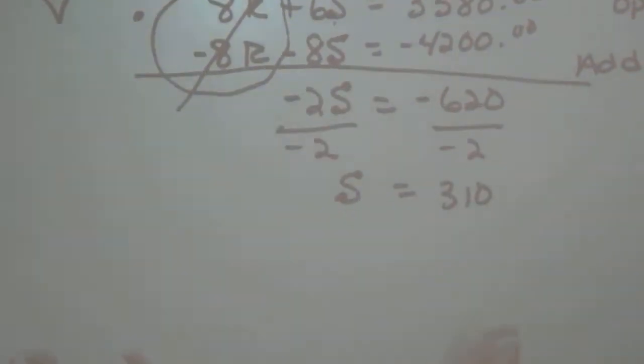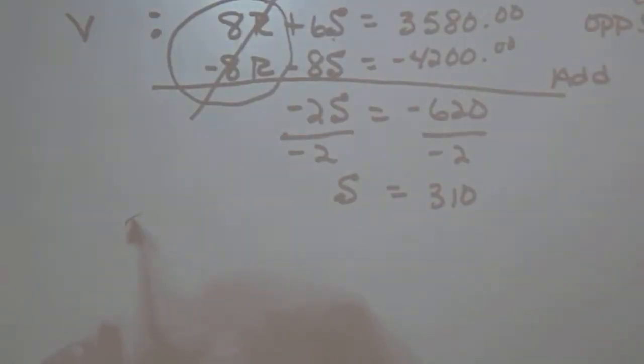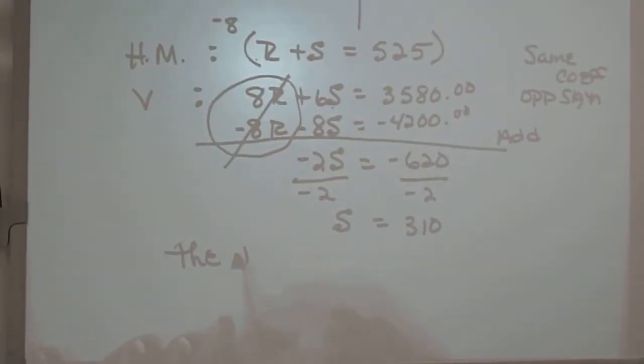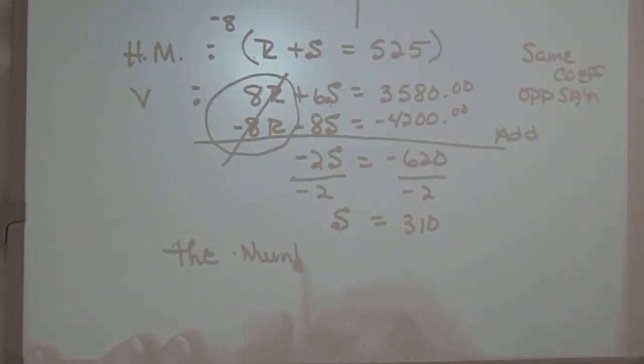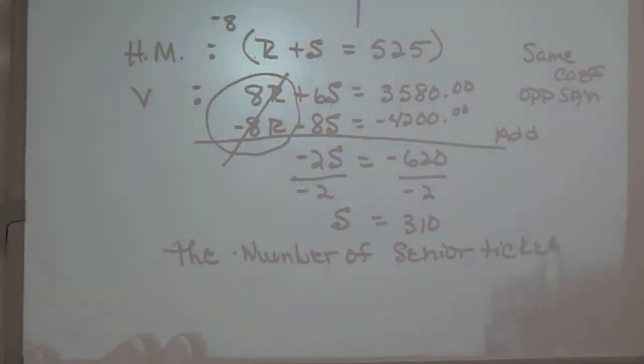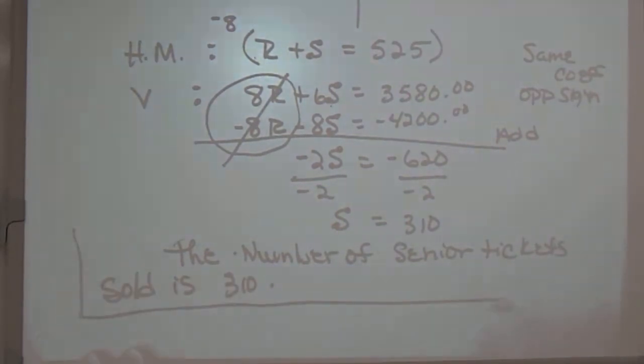All right, so we wouldn't box this answer up. We would write the number of senior tickets sold is 310. And that's what you would box up.